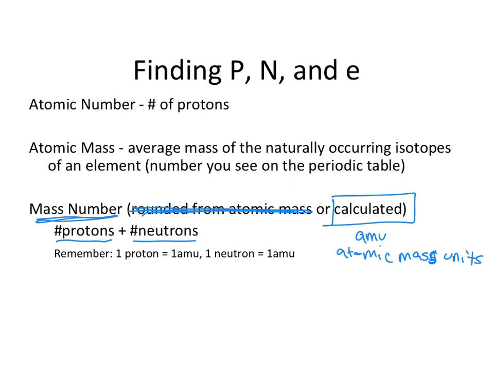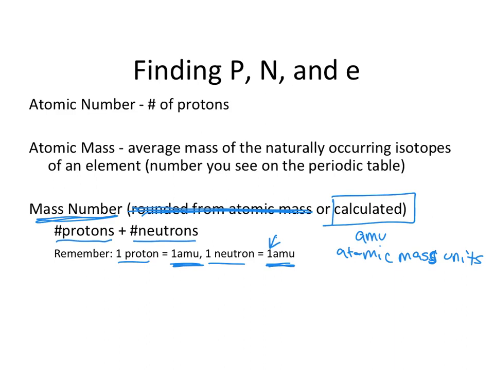One proton will have a mass of 1 AMU, and one neutron will have a mass of 1 AMU also. Electrons have such a small mass that we don't actually include them when we look at the mass that we're calculating for atoms on the periodic table, because even the largest atoms that have the most electrons, that electron still doesn't come anything close to 1 AMU. So we don't include the mass of electrons here.